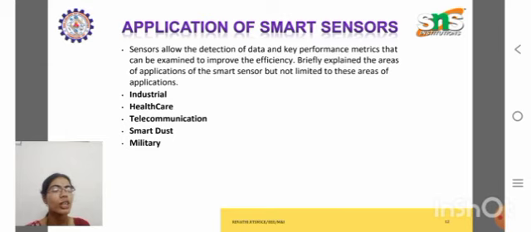Some of the applications of smart sensors. Sensors allow the detection of data and key performance metrics that can be examined to improve efficiency. Briefly explained are the areas of applications of smart sensors, but not limited to these areas. Some of the applications of smart sensors are in industrial, healthcare, telecommunication, smart dust and military.